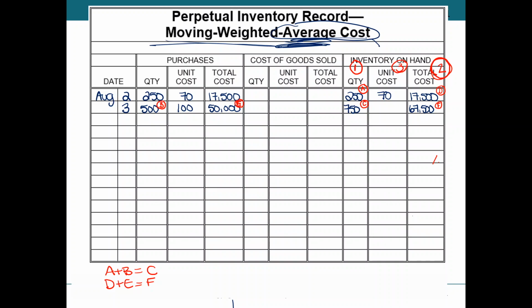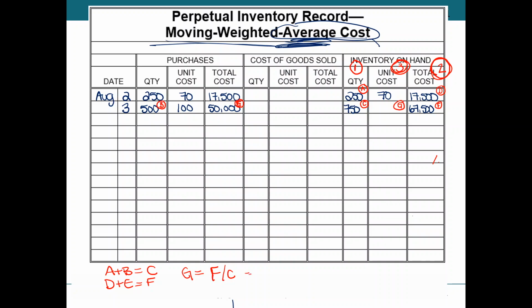And then the third thing that we calculate is our unit cost. So we'll call this one G. And G is equal to our total cost in F and you divide that by the quantity.